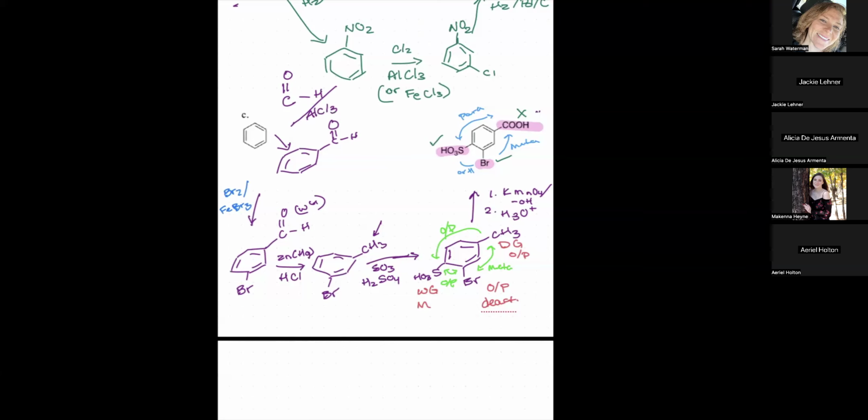So what has to go here so that we can add it to the benzene ring? This is our Friedel-Crafts acylation. You have to have your chlorine because we're using aluminum chloride, right?